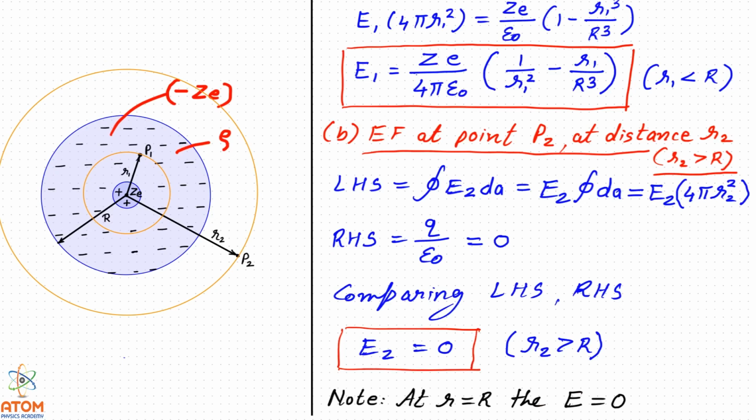The reason is, even if you take the point, let us say P2, on the very surface of the atom, then we will be taking a Gaussian surface exactly passing through the surface of the atom. And in that case also, the total charge enclosed by this Gaussian surface will be 0, and that's why the electric field at that point, on the very surface of the atom, will also be 0.